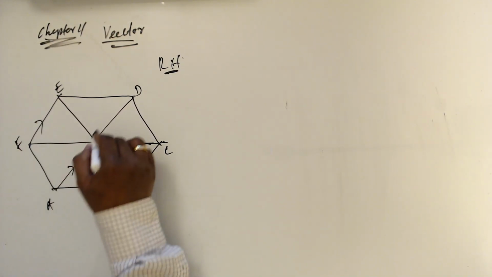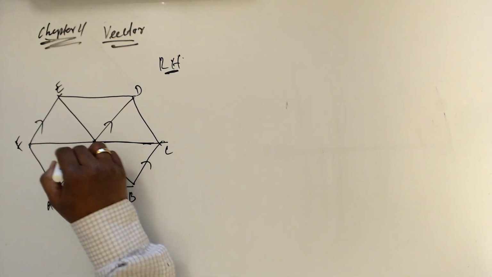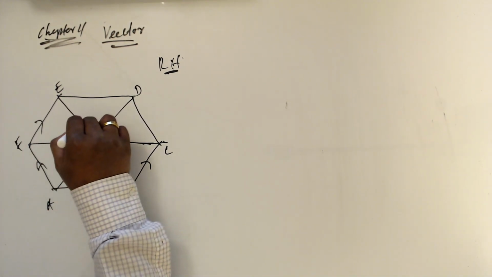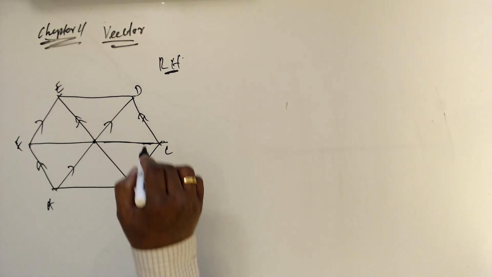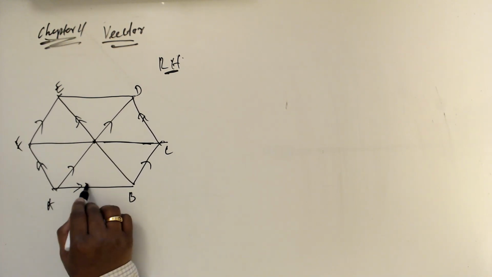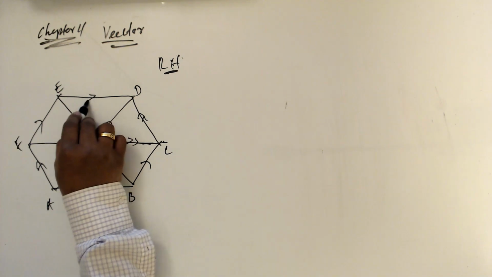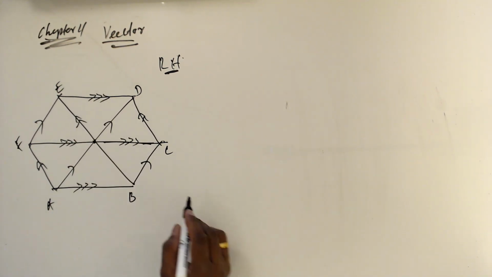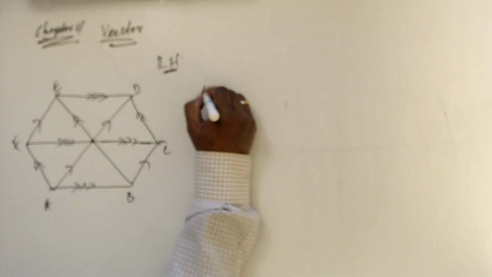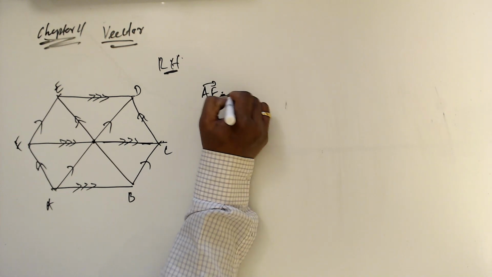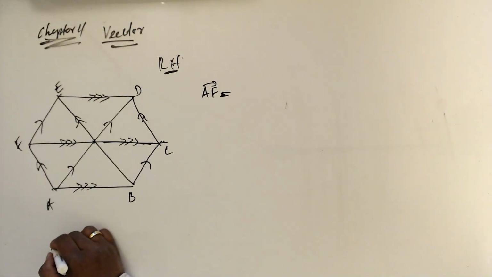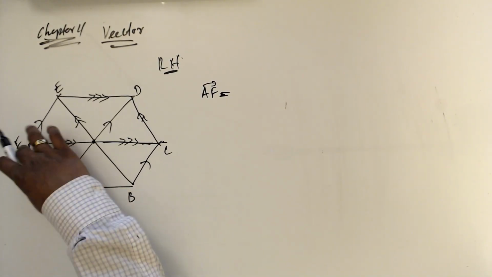Those are parallels. And those are parallels. And this one is parallel. Now, what is the parallel vector F? Equal vectors.